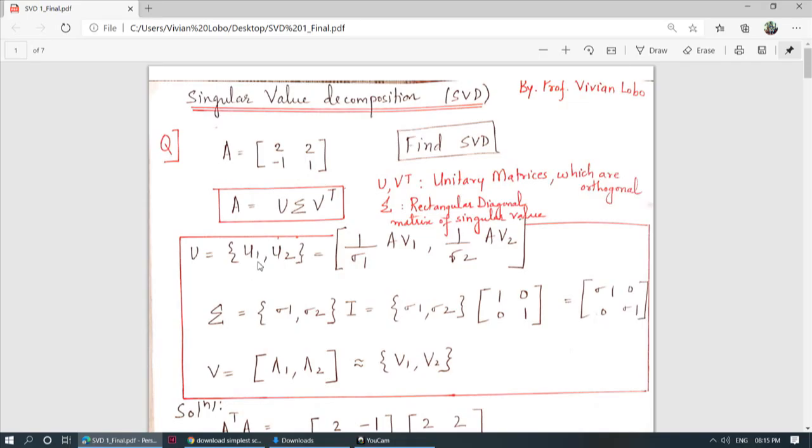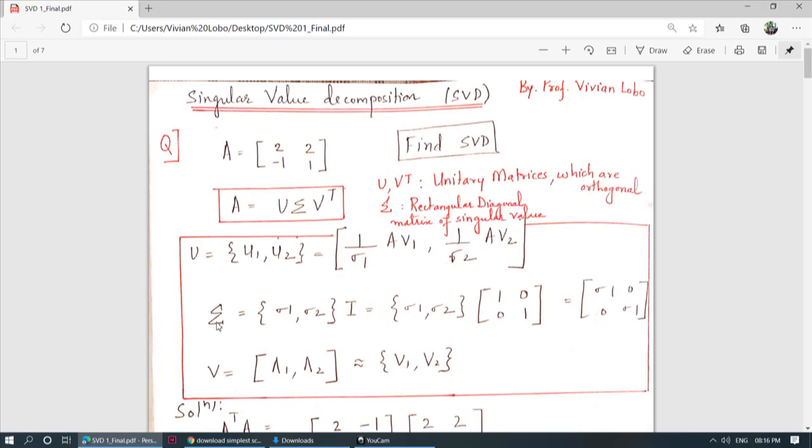If it would have been 3 cross 3, then it would be U1, U2, U3, which is nothing but 1 upon sigma 1, the singular value, A into V1, comma 1 upon sigma 2, that is singular value 2, A into V2. We will see how these values are calculated.